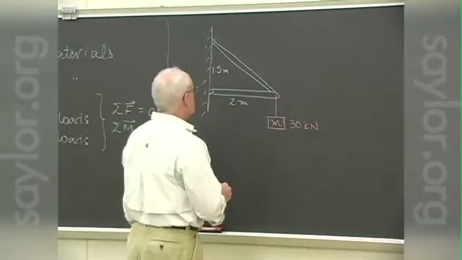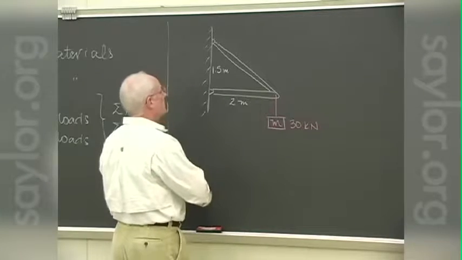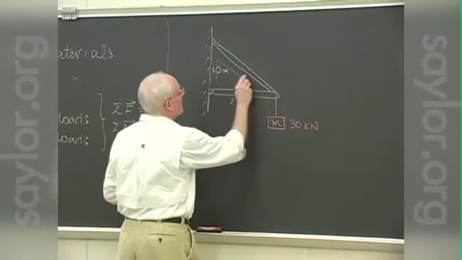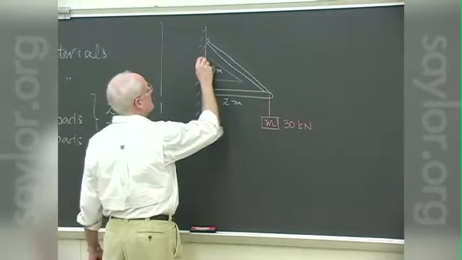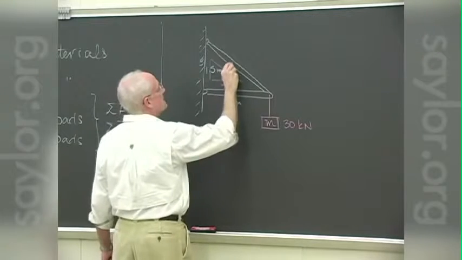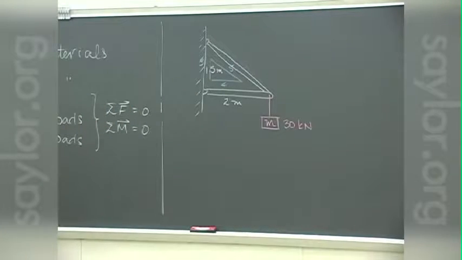So it shouldn't take us too long. We realize, I hope, that this is a 3, 4, 5 triangle, and that means that all of the ratios of all of the forces in this are also of that same ratio.